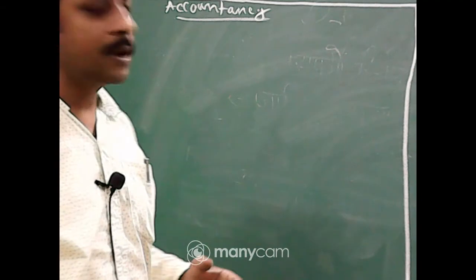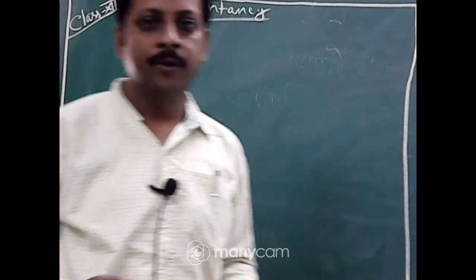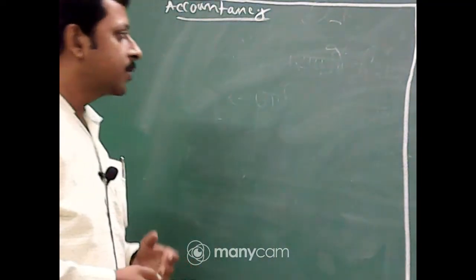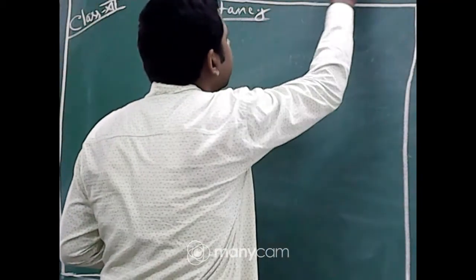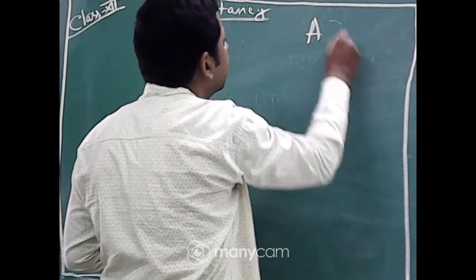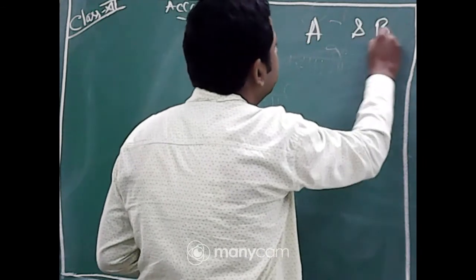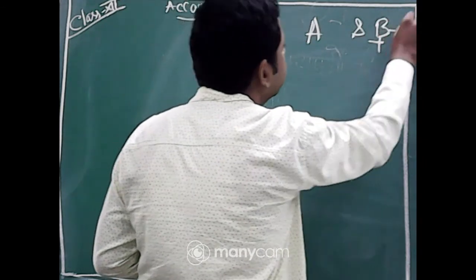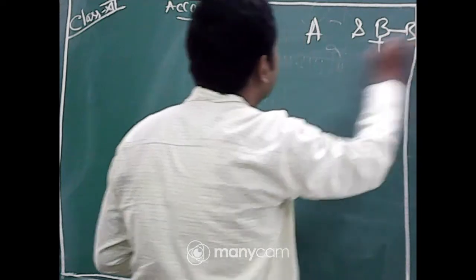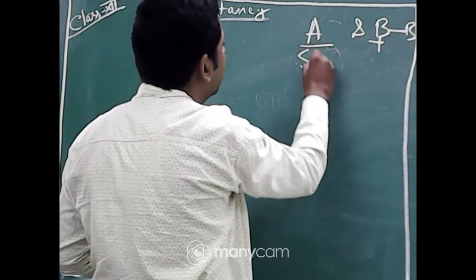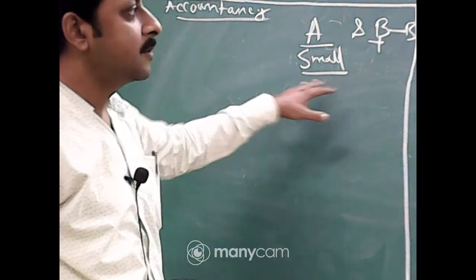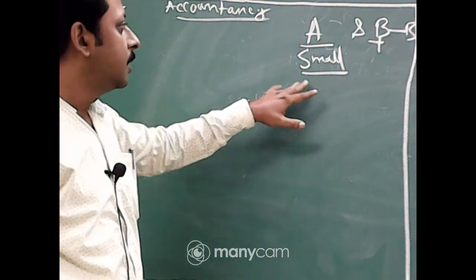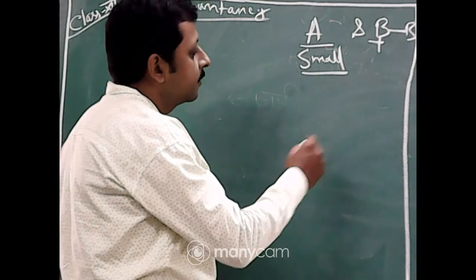Now common size statement you can compare with other industries also. Suppose A and B are two industries. B is a big industry and A is a small industry. Again you can compare these two industries in common size statement, because here the base is the same.